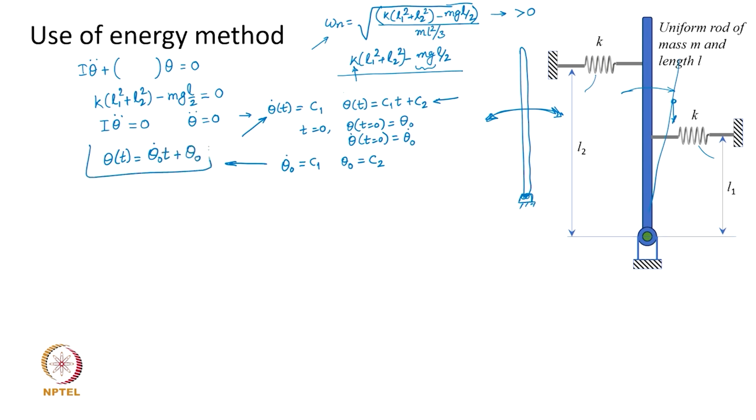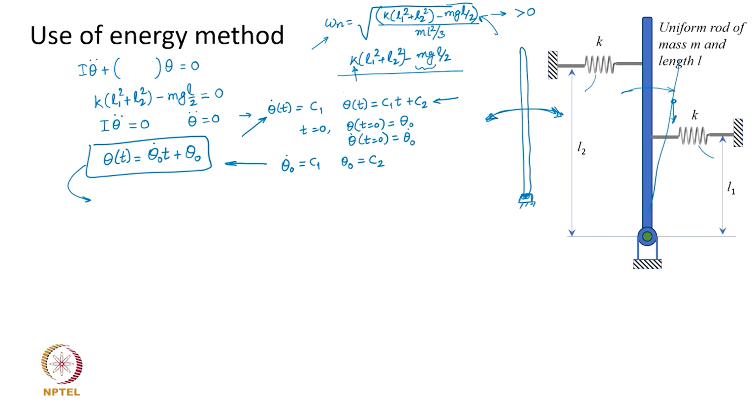That is the final solution of this particular case, when the numerator is exactly equal to 0. With that condition, the response is this. Now, look at what this response tells us.